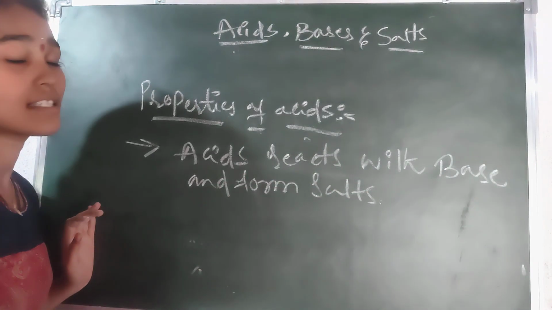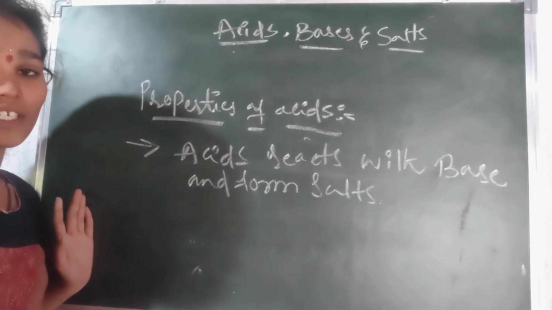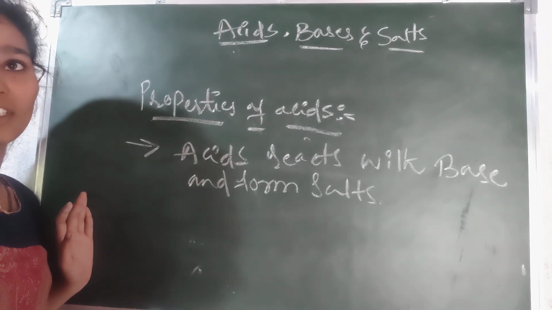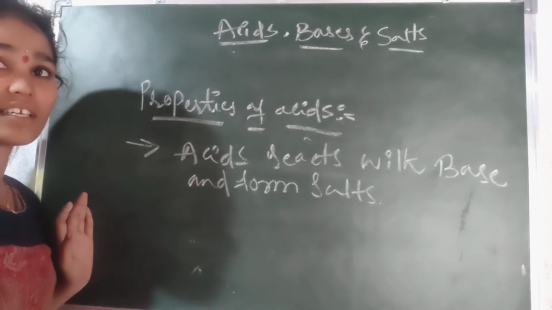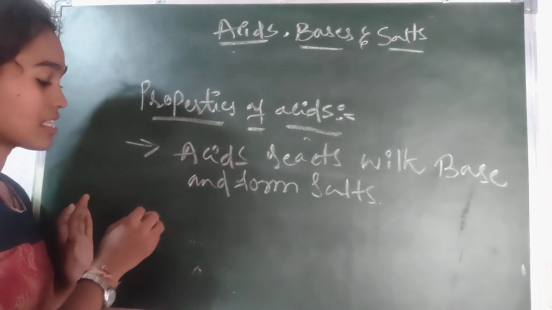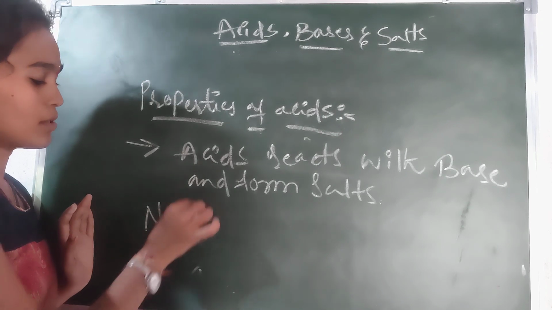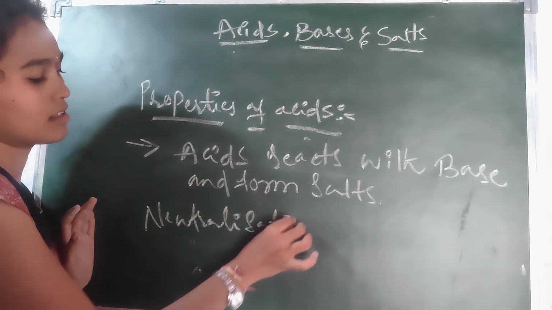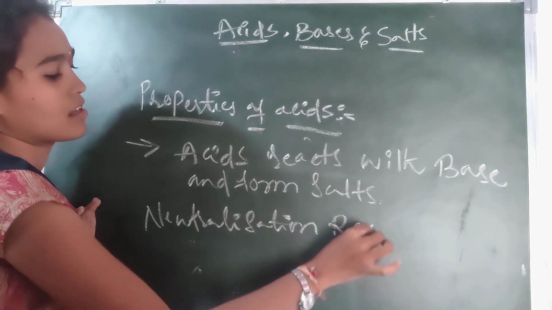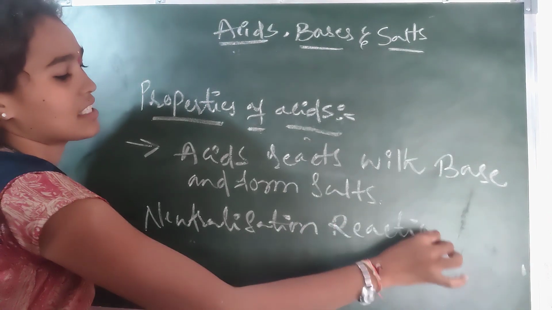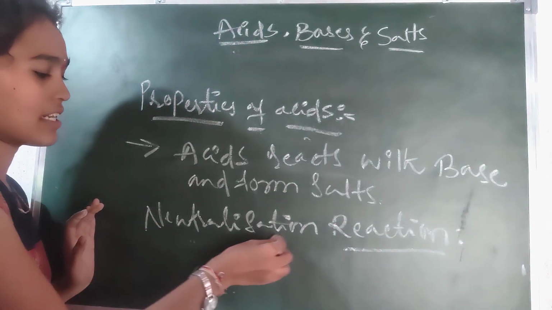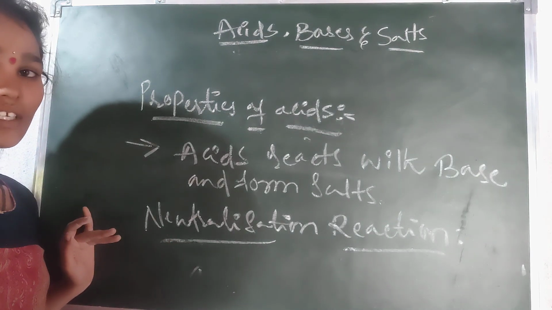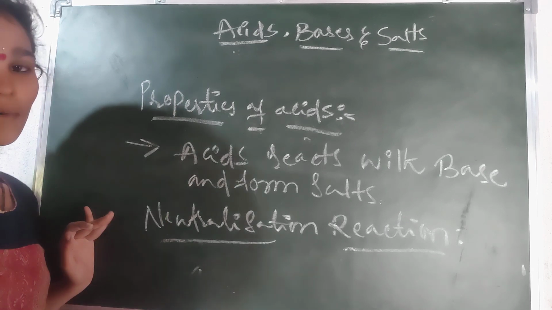What is this reaction? This reaction is nothing but a neutralization reaction. Already you know very well about neutralization reaction. It is from the neutralization reaction only that we get salts. We'll see about neutralization reaction after these properties.